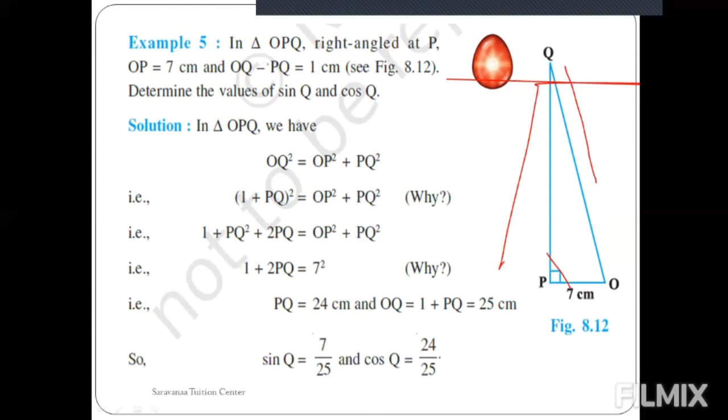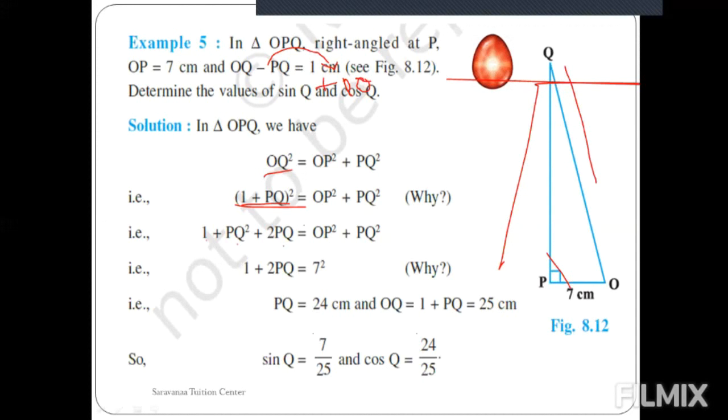We are going to take minus PQ to RHS and add as plus PQ. That's why they are given as 1 plus PQ whole square. So 1 plus PQ whole square equals OP square plus PQ square. In this thing, you need to use A plus B whole square formula, A square plus 2AB plus B square.